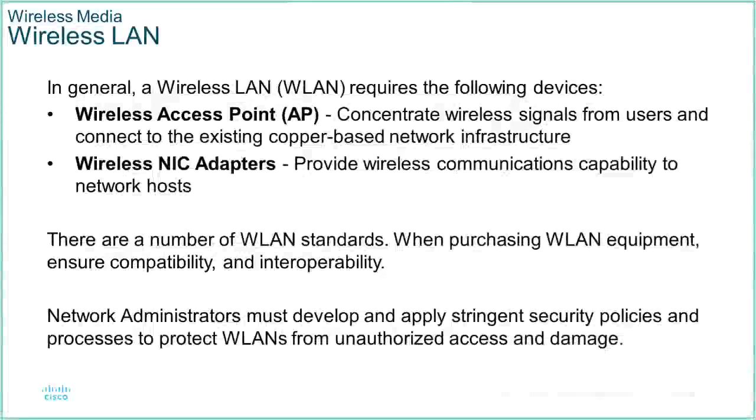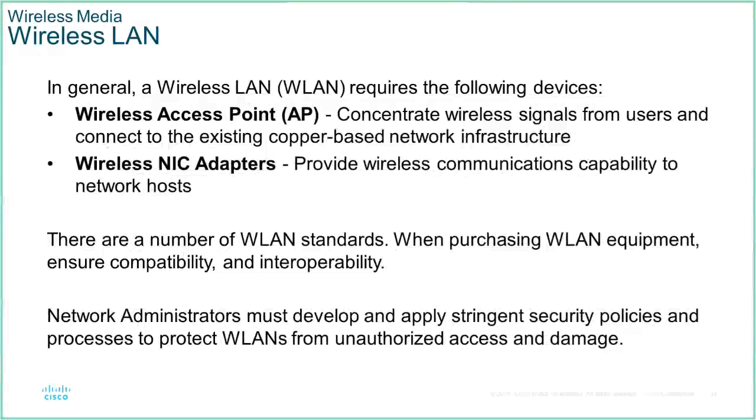So wireless access points need a connection to the wired network to provide continuity between normal networking and radio transmission points. And your devices need a wireless network interface card.